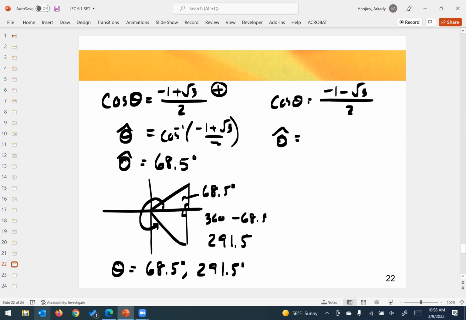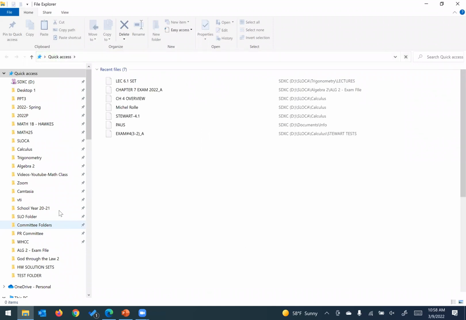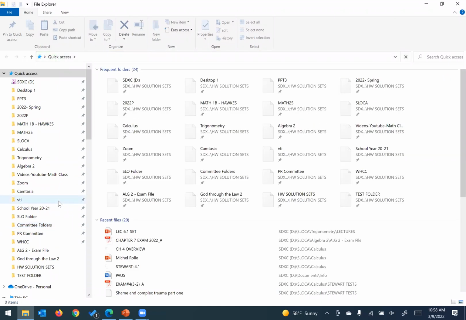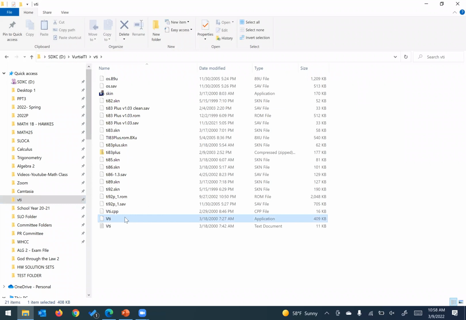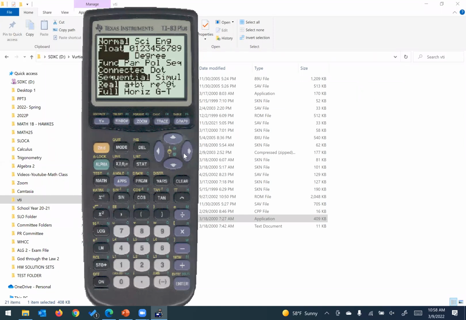Let's see if I can do that on my calculator here. With a few minutes left, let's do this one together. Those that have a calculator with you, I'm going to just jump into it. I need to negate it first, right? I need to have the positive before I take the inverse. Make sure I am in degrees.